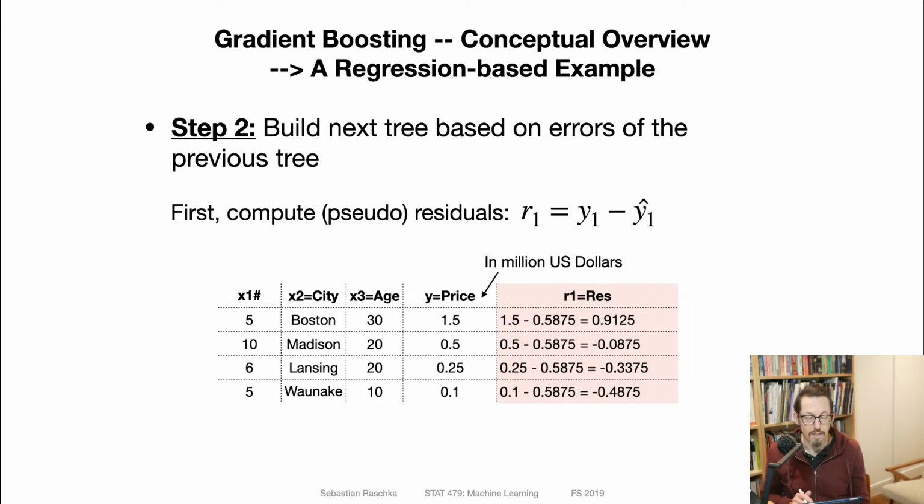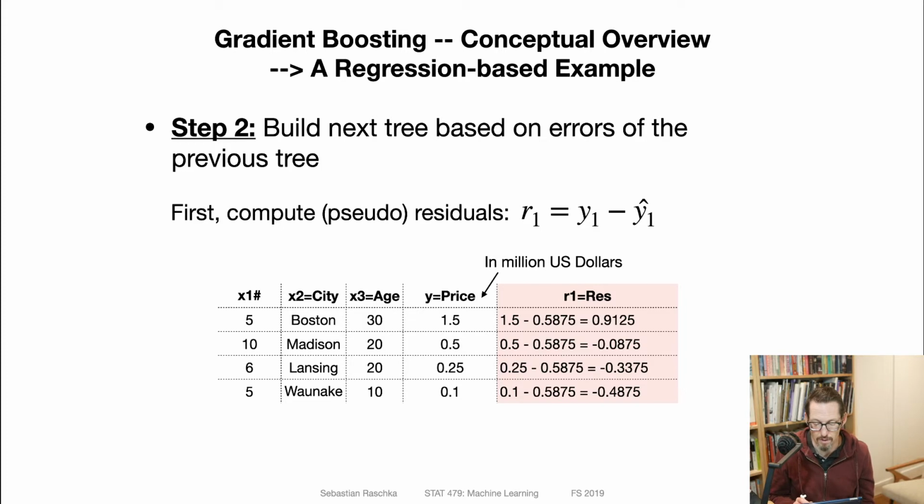Okay. Step 2, we're going to build a tree to predict the errors. Not the prices. We're not trying to predict this. That's not what we're after. What we're after is the residuals. Just like in regression, the residual is what's left over, the difference between the prediction and the truth.